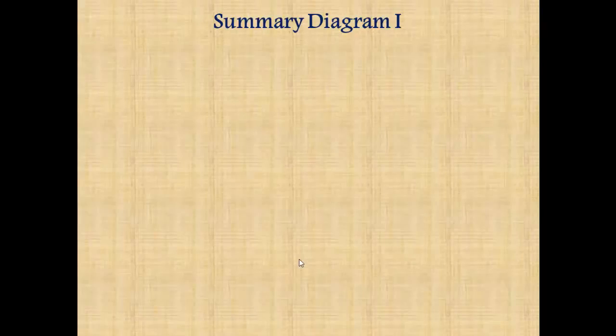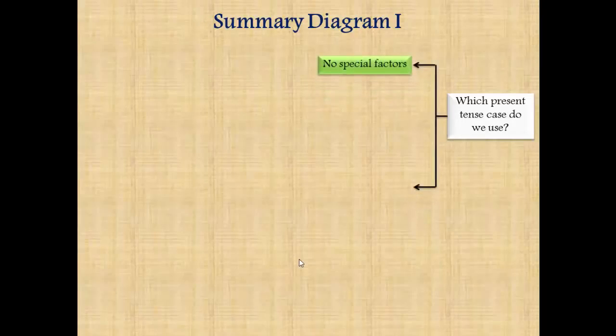So diagram number 1, we're trying to answer the question, which present tense case do we use? Do we use the marfu', the mansub, or the majzoom? So this depends. We have the presence of special factors or the absence of special factors. If we don't have any special factors present, the default case always is the marfu'.